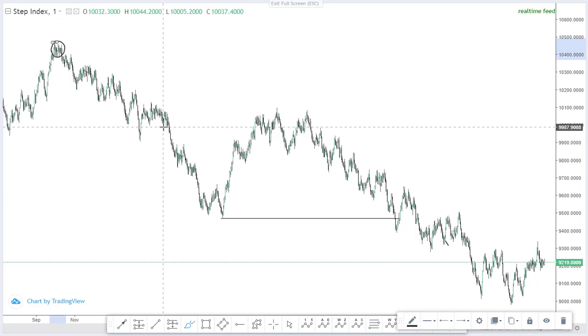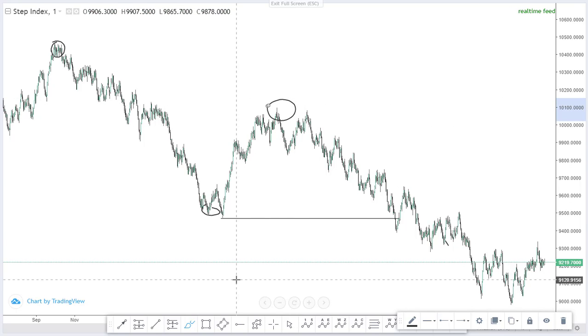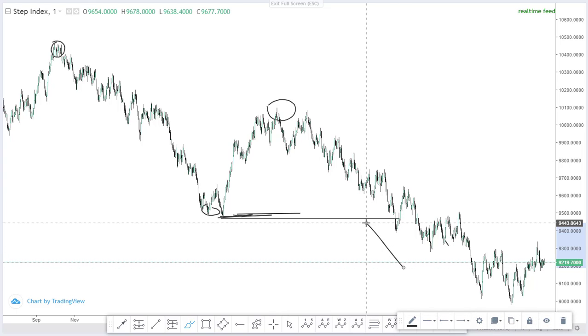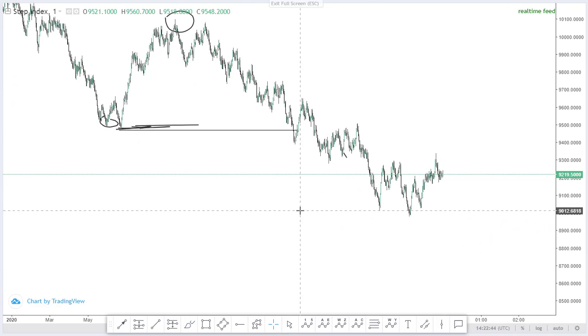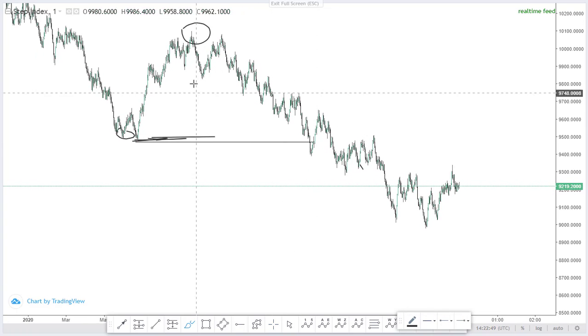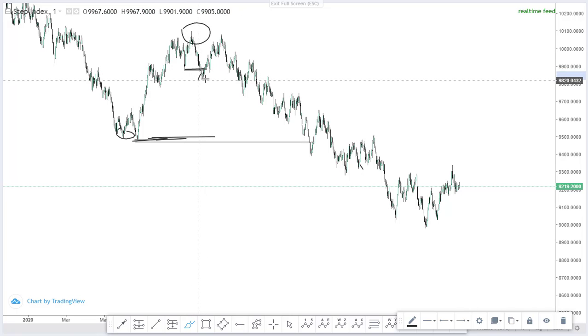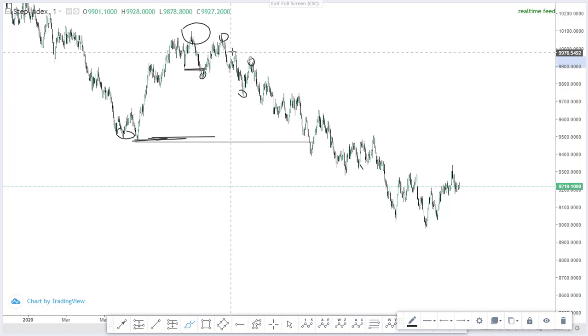The structure we have on Step Index is moving like this. Now, as the market is breaking this structure low, from this low, or from here, this minor break of structure you have here, this will create a lower low, lower high, lower low, lower high, internal structure continuation.